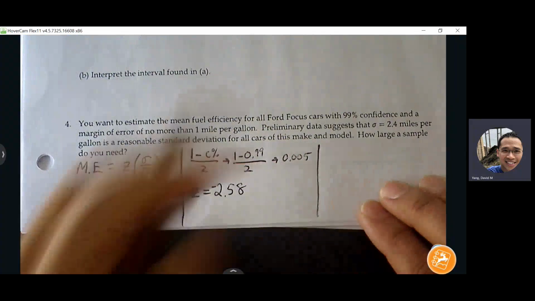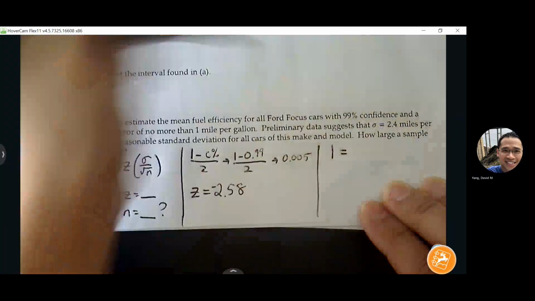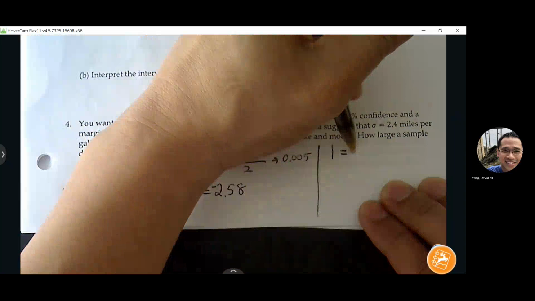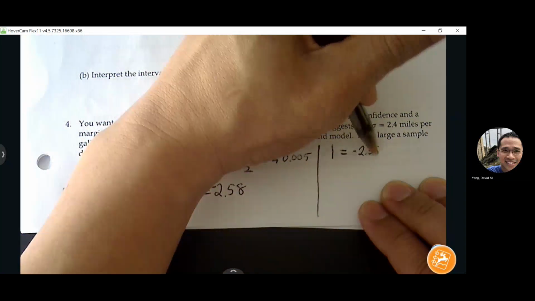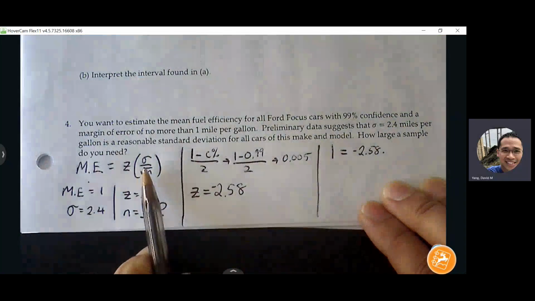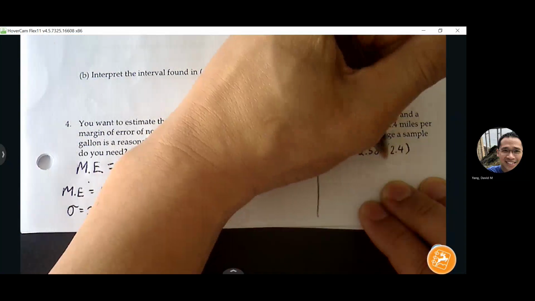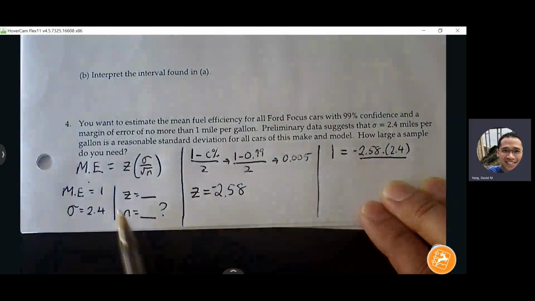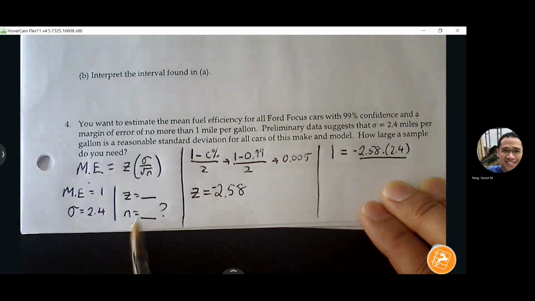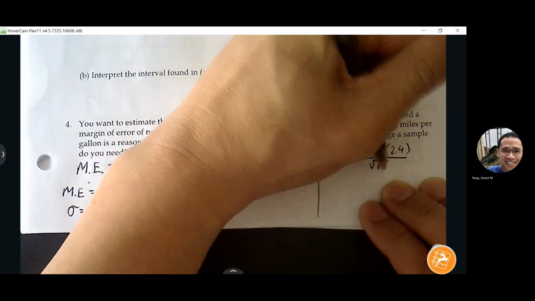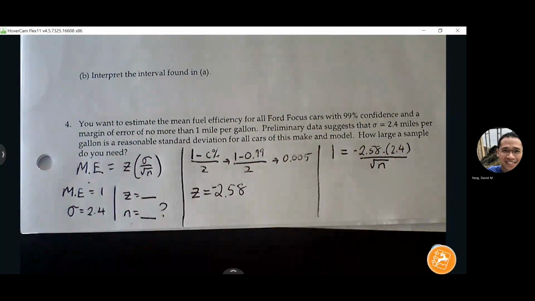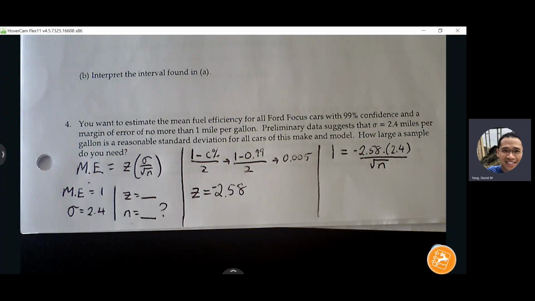So margin of error is 1, z, sigma, divided by square root of n. Okay, so let's just make this an algebraic problem.